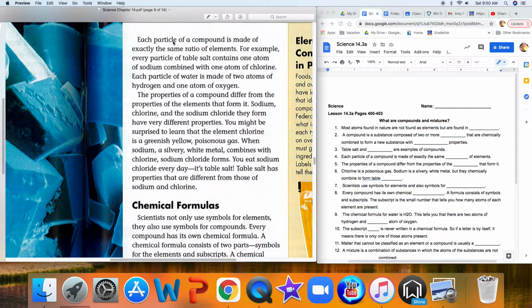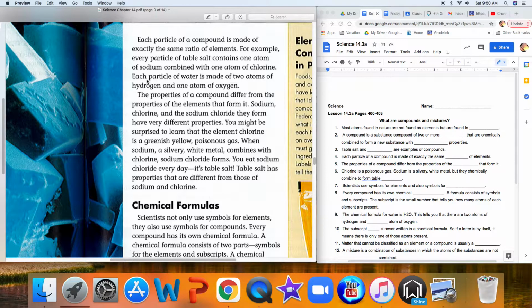Each particle of a compound is made up of exactly the same ratio of elements. Number 4 in your notes. For example, every particle of table salt contains 1 atom of sodium combined with 1 atom of chlorine. So if you remember last lesson when we talked about sodium chloride, that's table salt, guys. You could look up sodium and get its chemical formula that we're going to talk about, Na, and then Cl.